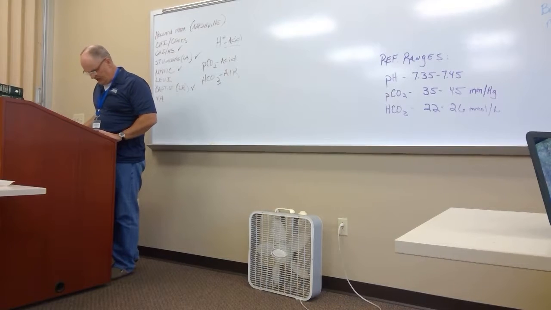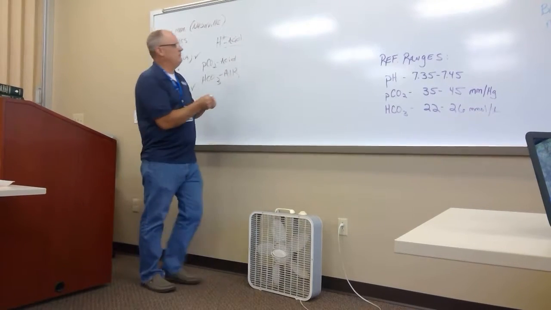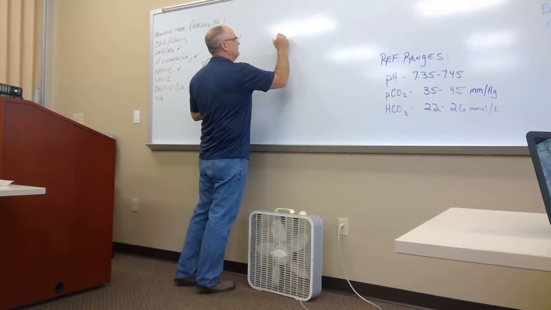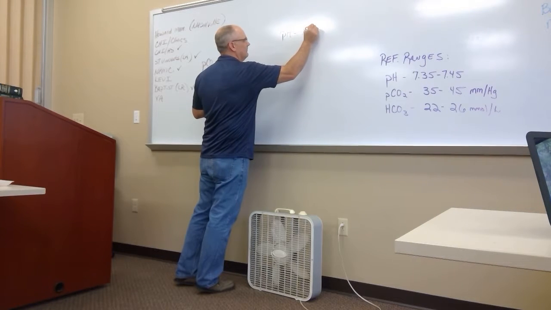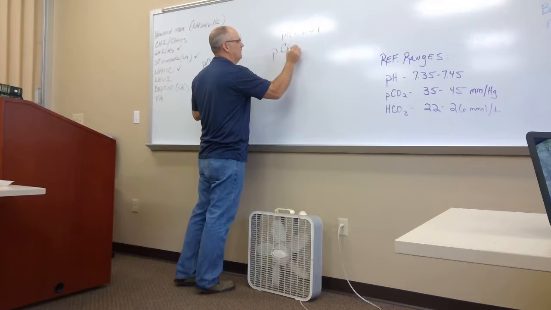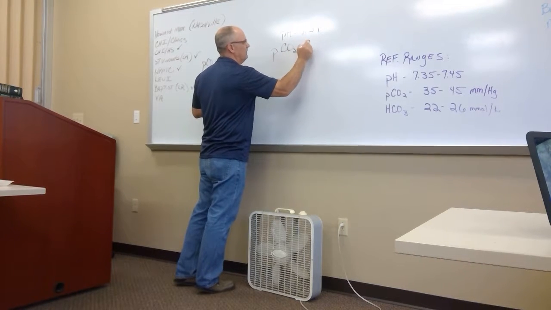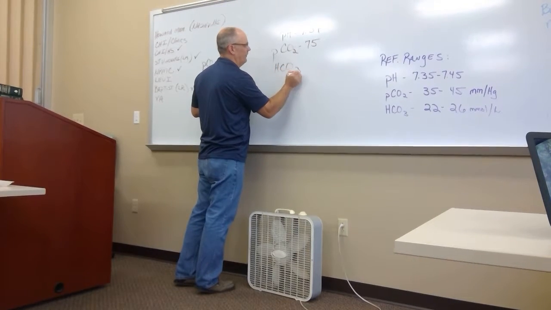Okay, let's do number 7. pH 7.37. Somebody tell me what the PCO2 is. 75. 75? What's the bicarb? 37. 37?